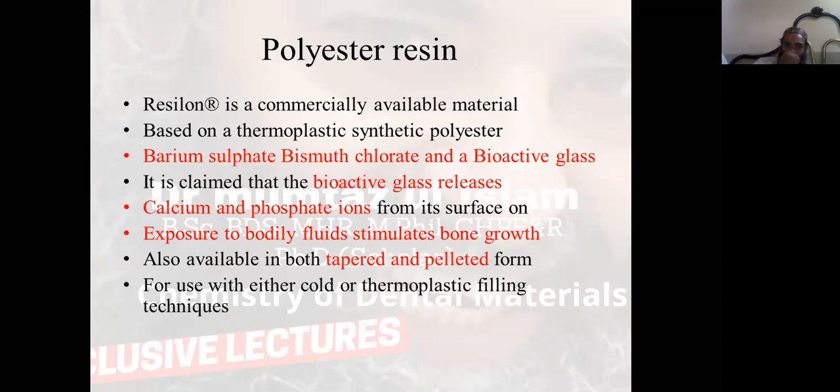Polyester resins include Resilon, a commercially available material based on a thermoplastic synthetic polyester. Barium sulfate, bismuth chloride, and bioactive glass are added into this. Bioactive glass is added for its regenerative effects.